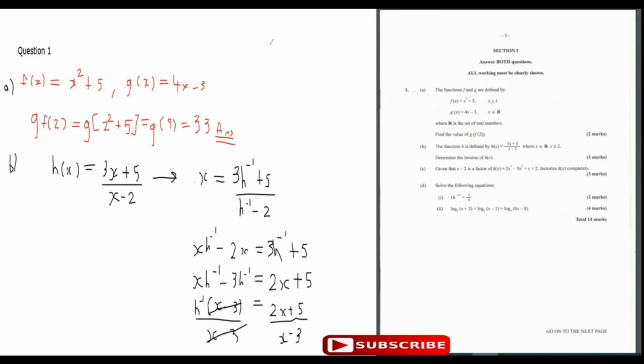Let's write it over here: h inverse is 2x plus 5 over x minus 3.